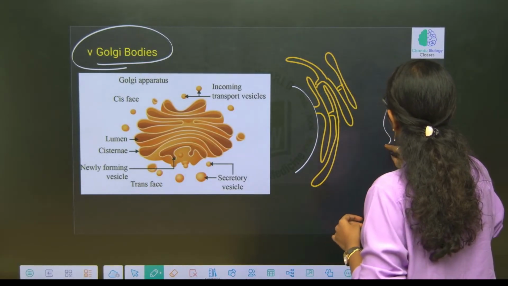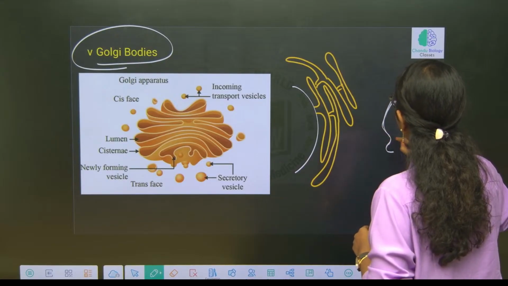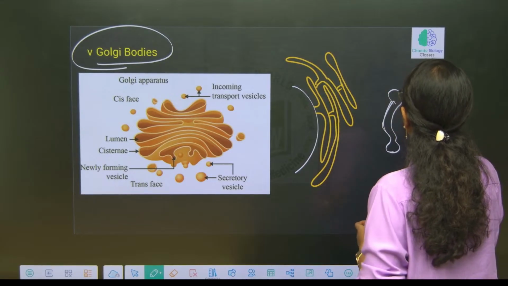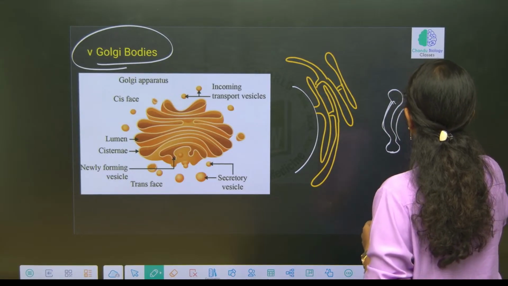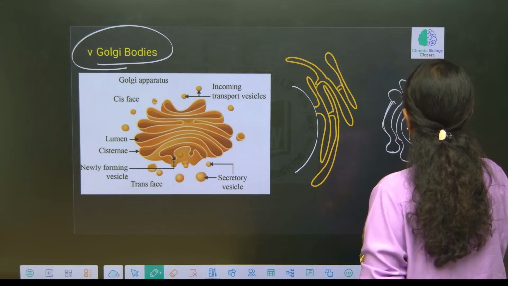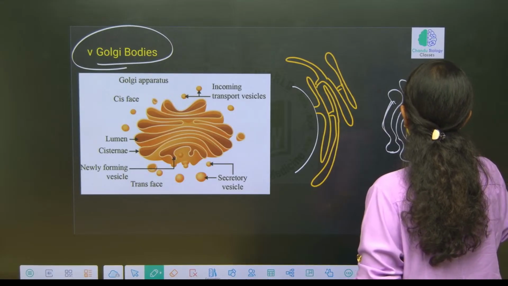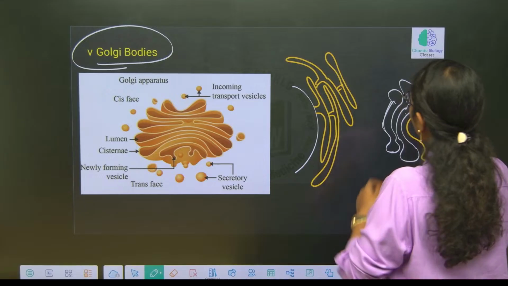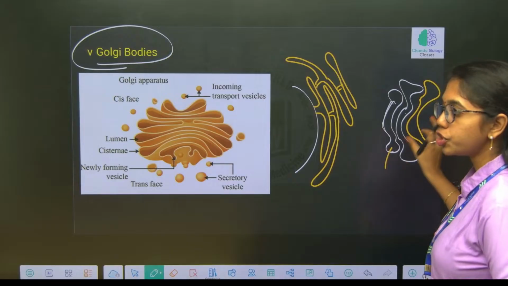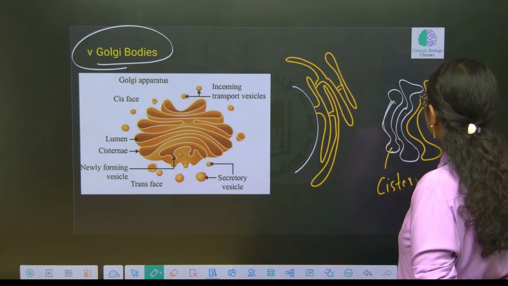The cis phase is present towards the nucleus. So, these are lamellar structures called as what? Cisternae. Disc shaped lamellar structures called cisternae.